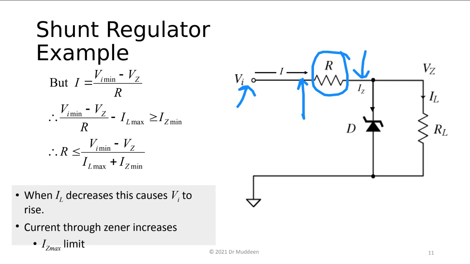So for the Zener diode to work, that current typically has to be greater than IZ min. So we're now in a position to calculate what the resistance value is. The resistor has to be less than or equal to the difference in voltage divided by the sum of the currents flowing in the Zener and the maximum load. All right? Fair enough? Any questions?